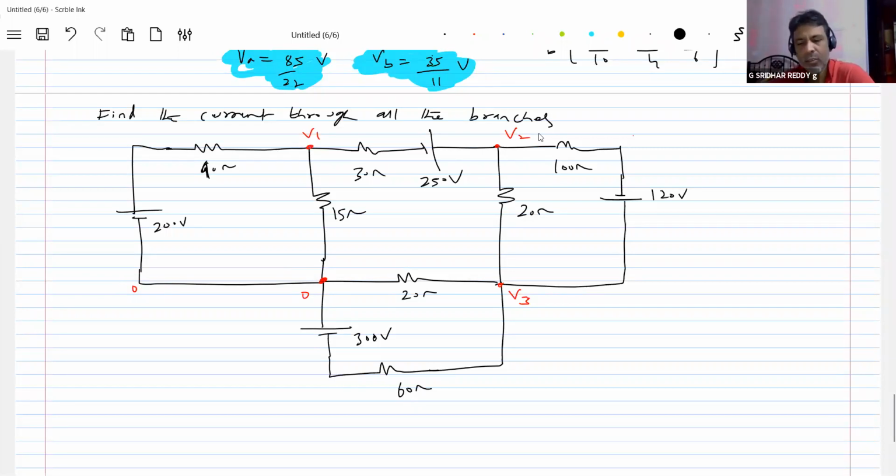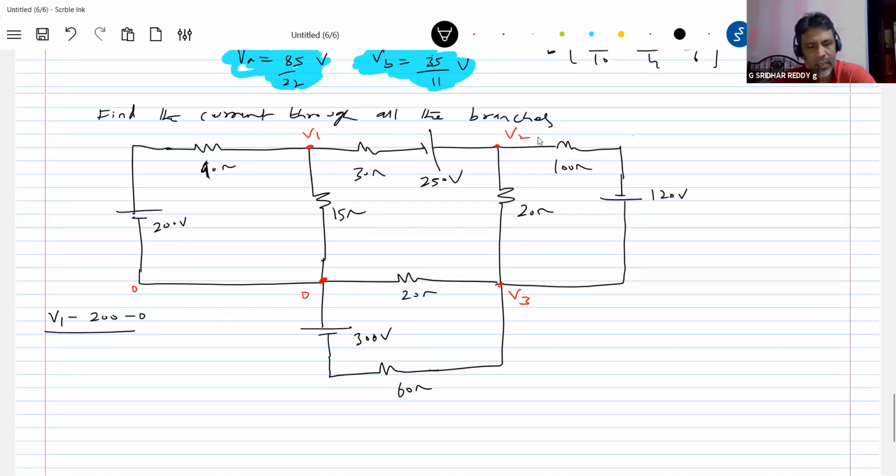Okay, then let's go for writing the equation. This should be V1. V1 minus 200 minus 0.